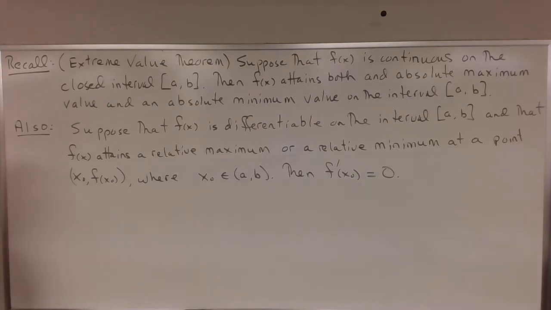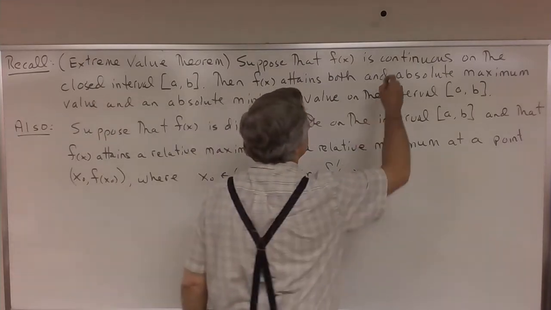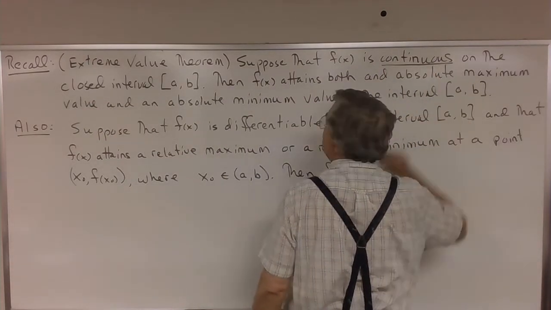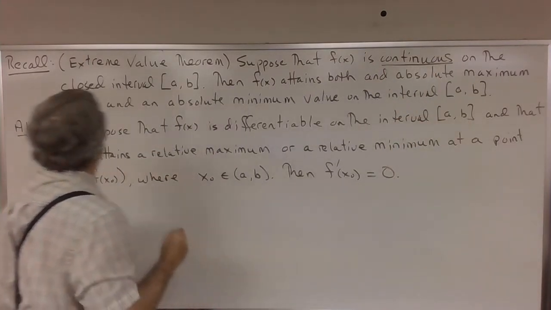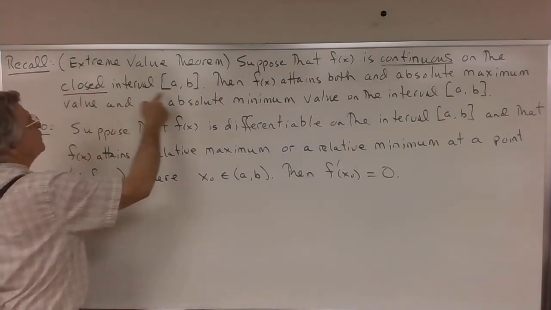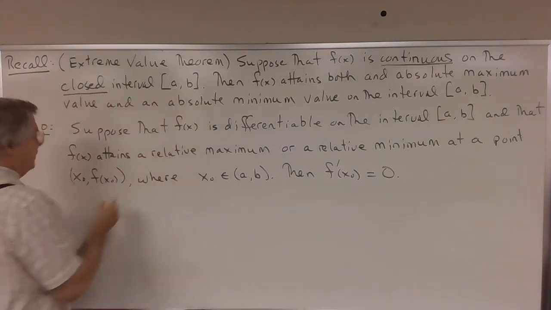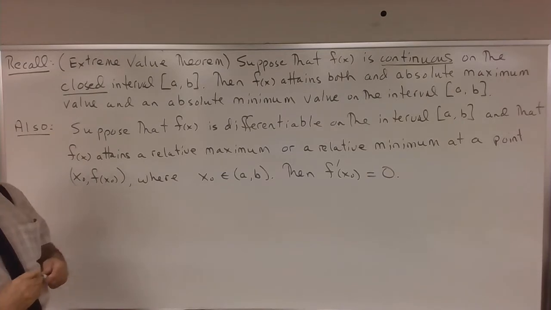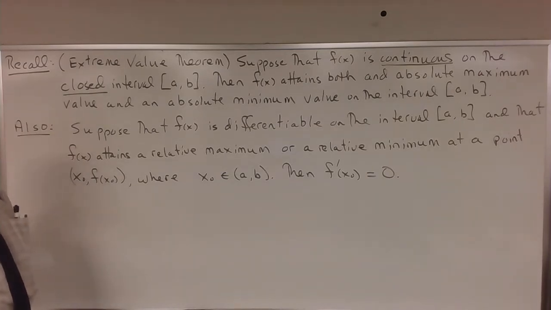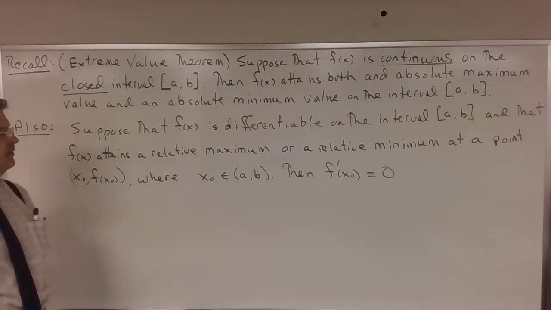So that's the first thing that we want to remember. If we have a continuous function on a closed interval of finite length, we're guaranteed that we have both an absolute maximum value and an absolute minimum value somewhere in that interval.